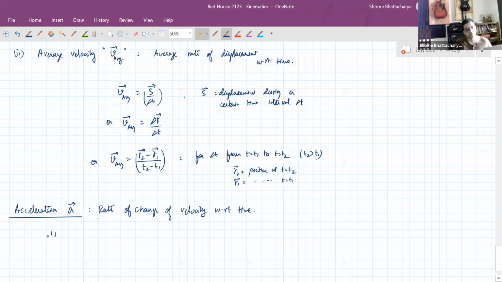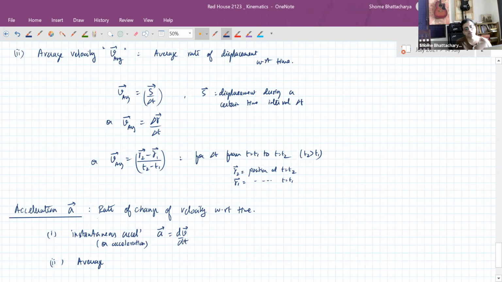So instantaneous acceleration is instantaneous rate of change, whereas average acceleration. So again, simply the term acceleration alone implies instantaneous acceleration.